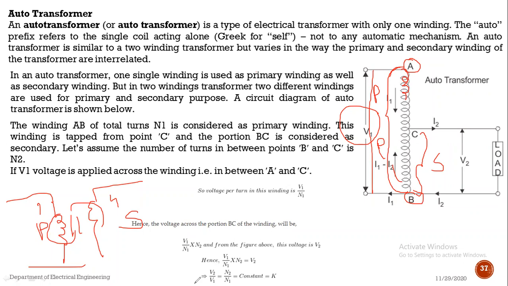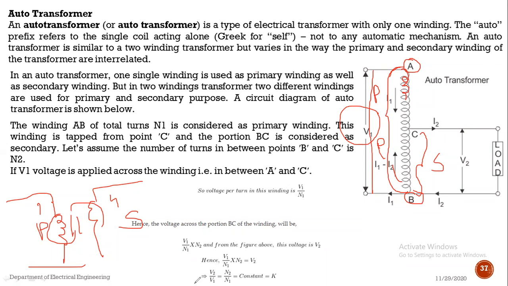So the EMF induced in the secondary winding of the auto transformer is induced inductively, and magnetically induced in a two winding transformer. This is the difference between a two winding transformer and an auto transformer. So it depends on how the two windings are interrelated.